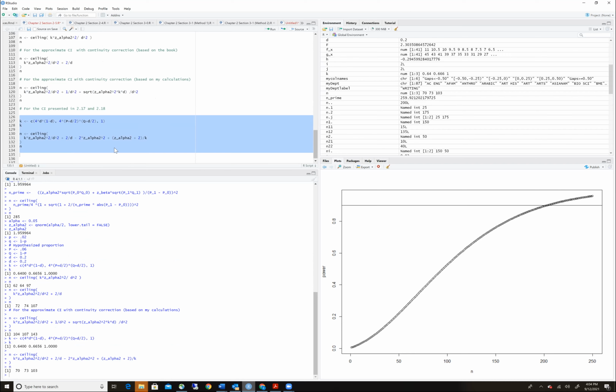So these formulas and where you would use them are all mapped out in the book, but I just wanted to show you that you can easily code this in R, and I'm going to provide you with this code.